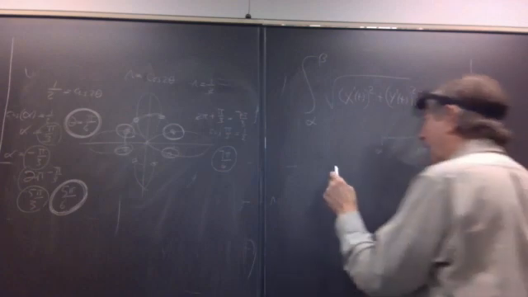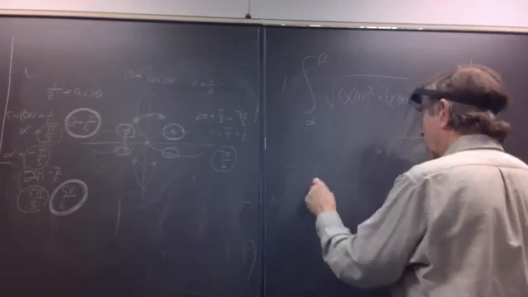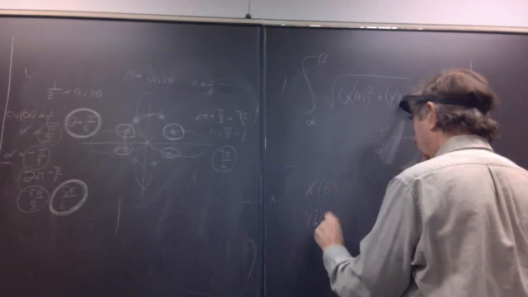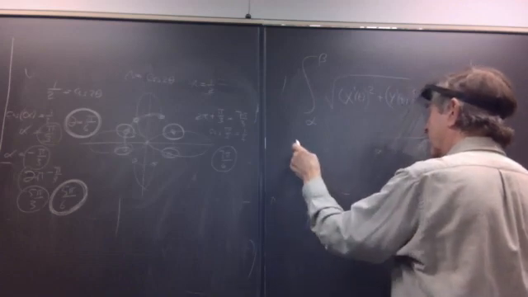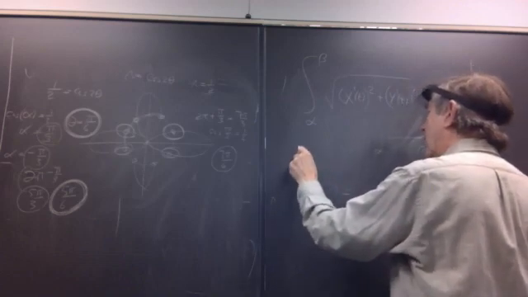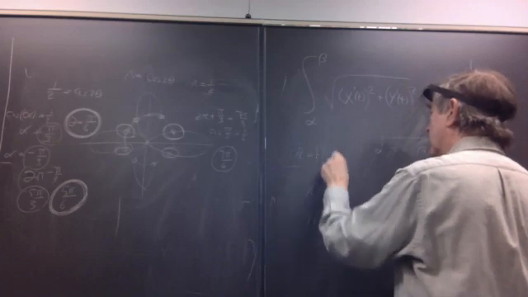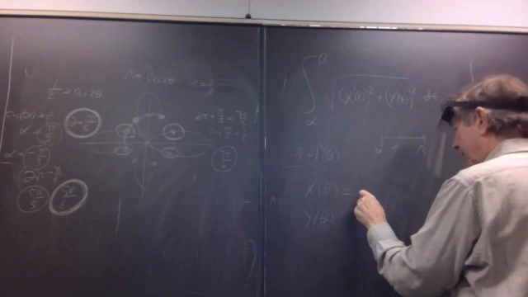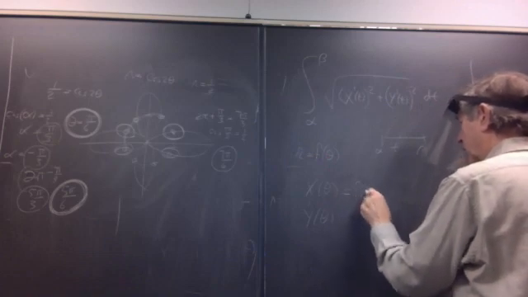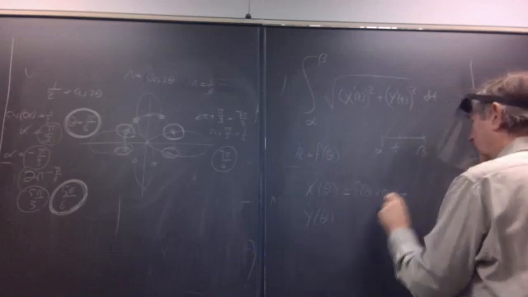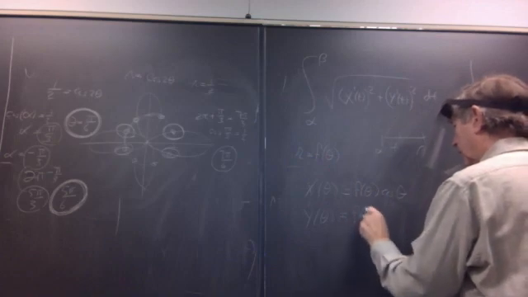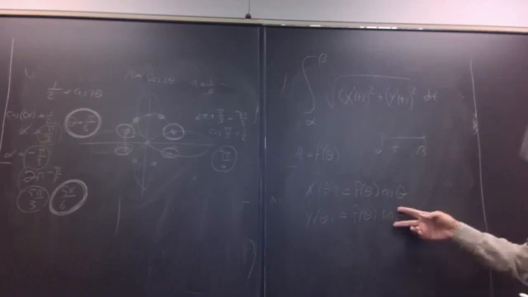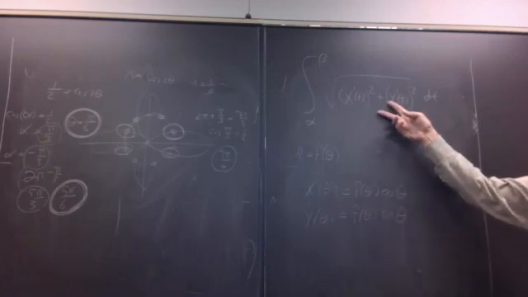Well, I have polar now, but what I'm going to do is construct an x of theta and a y of theta. And the way we did that yesterday, because what we have now is r equals f of theta. So this is f of theta cosine theta, and this is f of theta sine theta, and stick these 2 things into this formula.